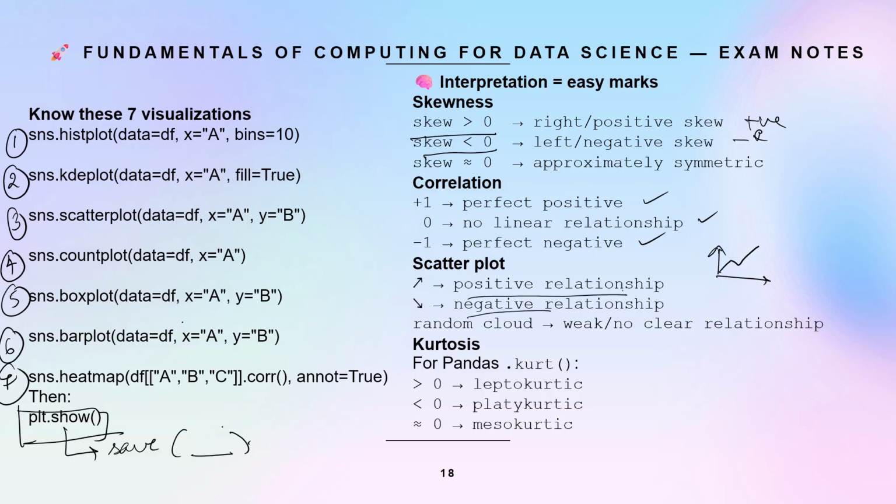When it's going down, a negative. If you see a random cloud, then it means a weak or no clear relationship. For kurtosis, if it is greater than 0, leptokurtic, less than 0, platykurtic, and approximately 0, mesokurtic.